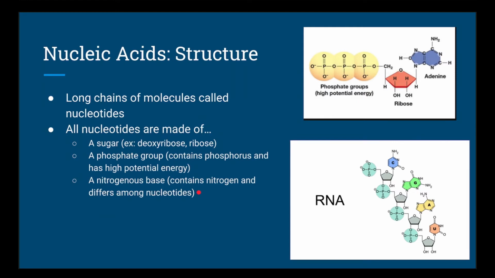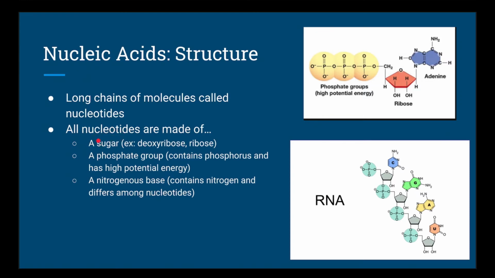So let's look at the structure of nucleic acids. Nucleic acids contain, or actually are made of, long chains of molecules called nucleotides. So this term is going to be very important to understanding how we look at nucleic acids. And all nucleotides are made up of a sugar.